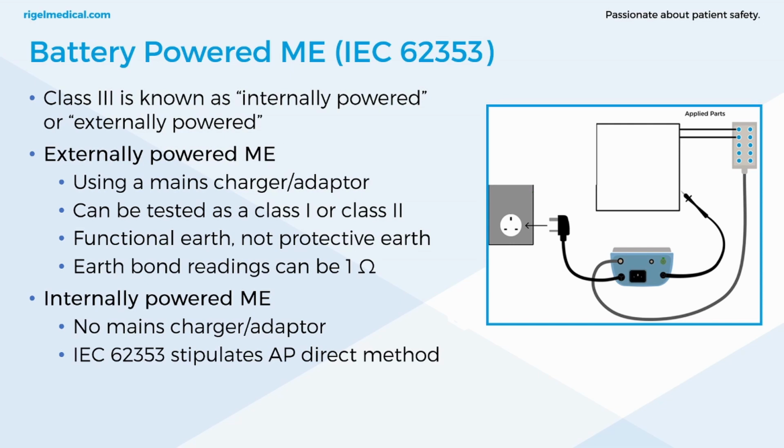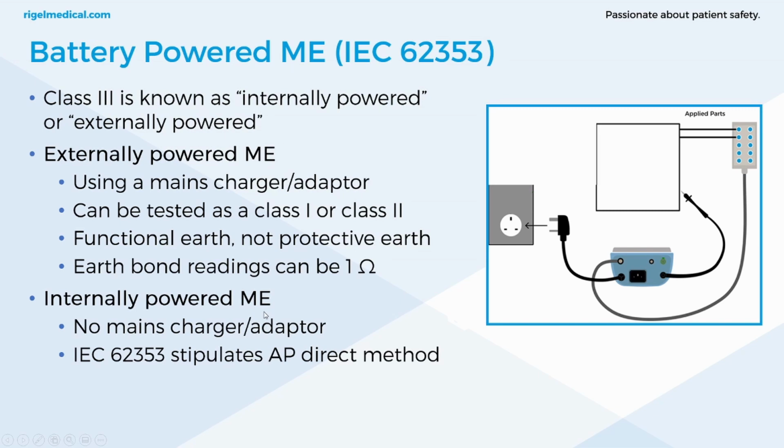It may carry a current during the normal operation of equipment, but it's normally used for things like filtering, or used in things like IT equipment. Sorry, it's not a protective earth. And this is why earth bond readings can be as high as 1 ohm.